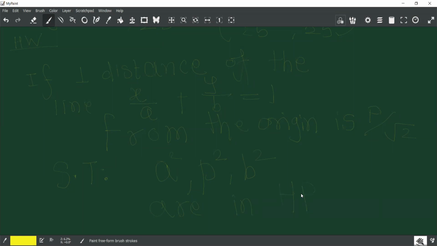I repeat, if perpendicular distance of the line x upon a plus y upon b is equal to 1 from the origin is p upon root 2 units. Show that A square comma P square comma B square are in HP, harmonic progression.